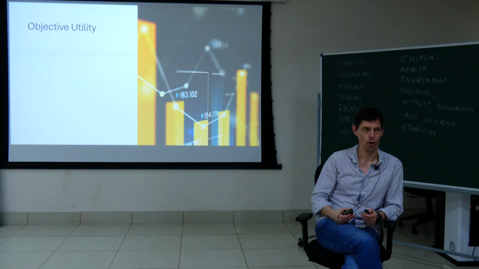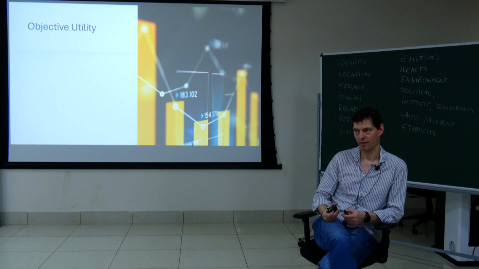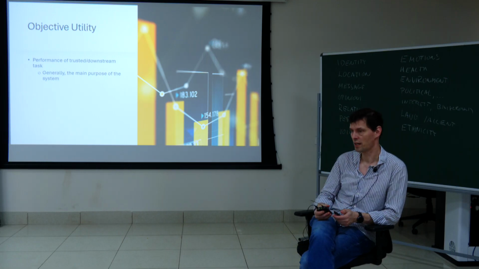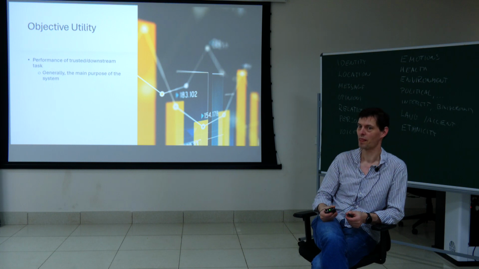Then you go to the objective utility of a system. Now we need to think about what is the purpose of the system. So this is performance in the trusted downstream task. For example, emotion recognition. How effective is the system in doing emotion recognition?